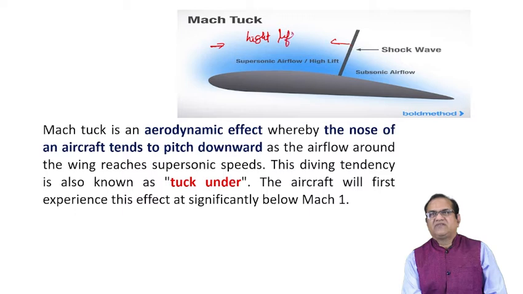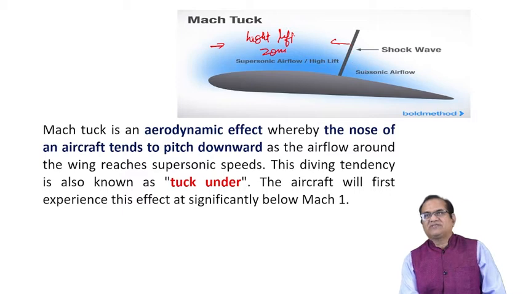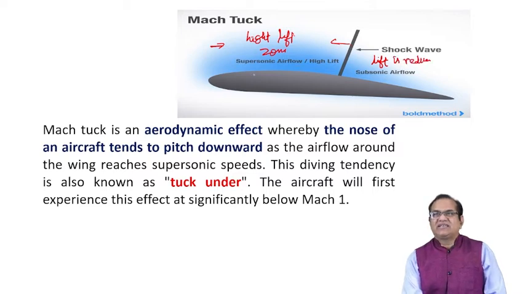But here, due to this shock wave, it becomes subsonic and lift is tremendously reduced. So what happened? Initially, it was acting here. The AC is here, but in high speed, the AC will shift backward here. So lift will act here, and if the CG is here, it will try to nose down.